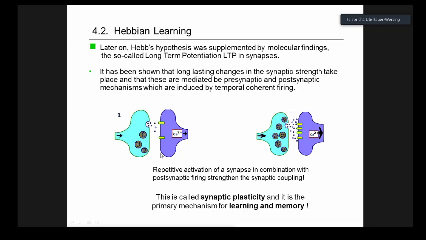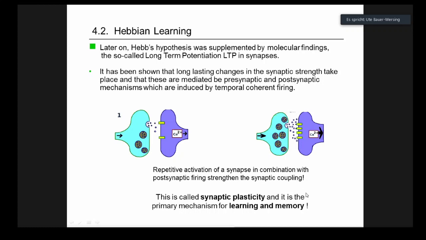If the cell is activated repetitively, and in combination this neuron, the purple one, fires, then the synapse is strengthened. You will find more receptor molecules after a while in this synapse.